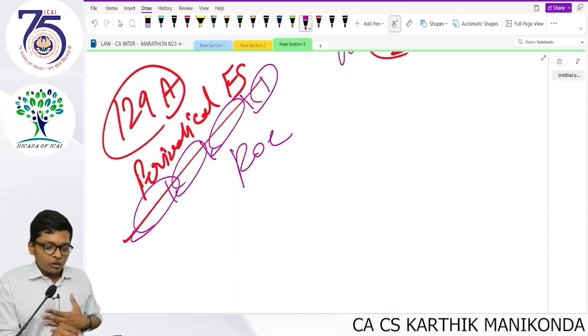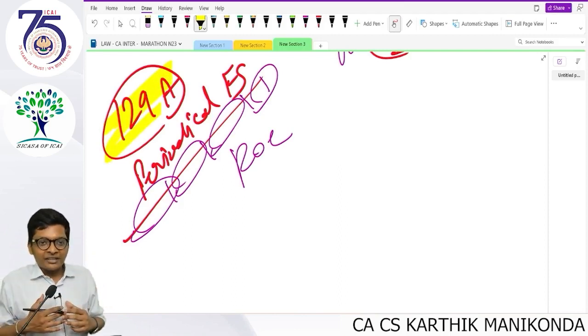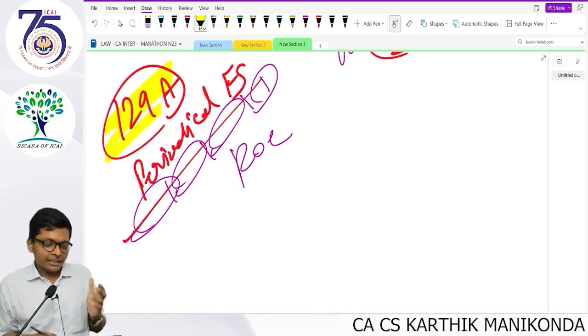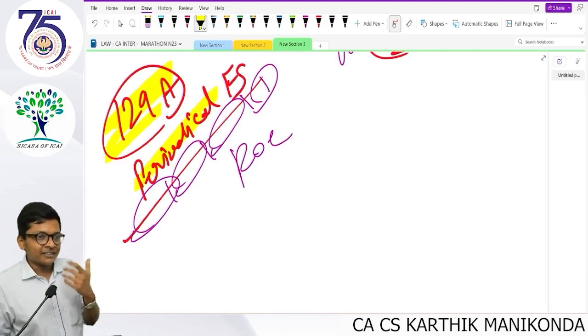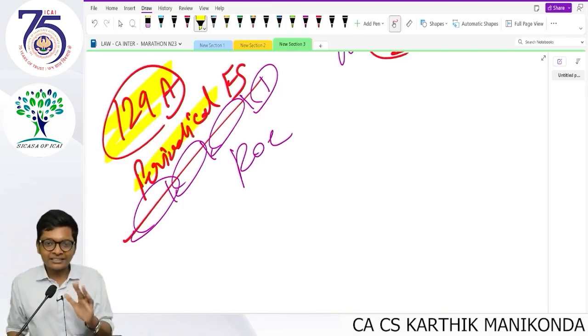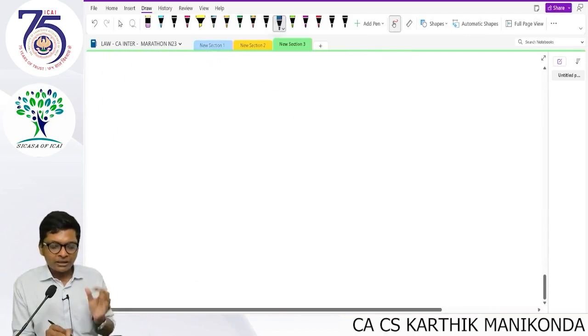So they will most probably not test this. Even if they test, you don't have to worry. The company has to prepare periodical financial statements and file with ROC. What is that period? Yet to be notified. Mostly it will be quarterly once it comes, because listed is on a quarterly basis. Following, guys? 129A over, 130 over.